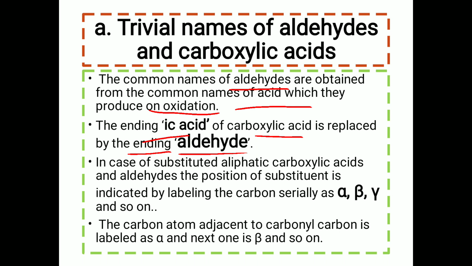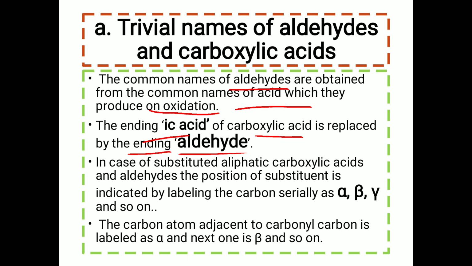For example, if a compound contains 3 carbon atoms and has the functional group carboxylic acid, it is named propionic acid. But when it contains CHO, the aldehydic group, it is named propylaldehyde. That means the IC of the acid is replaced by aldehyde. The other things remain the same.